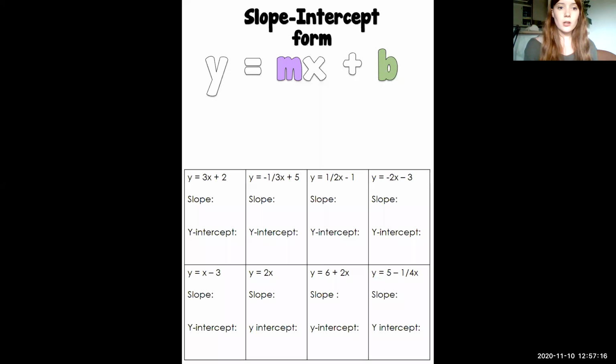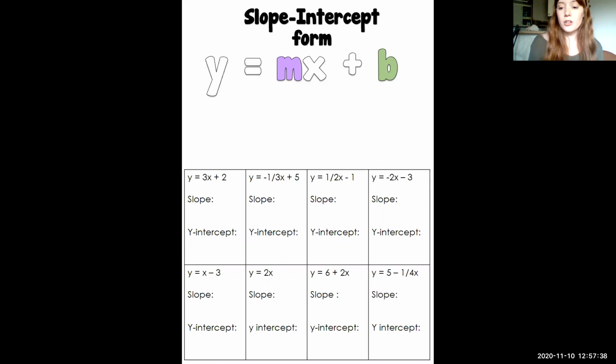So we are going to break down the equation of lines that don't necessarily pass through the origin. And the way we're going to see those equations is in something called slope-intercept form. The reason they call it slope-intercept form is because of the definitions of those two words.